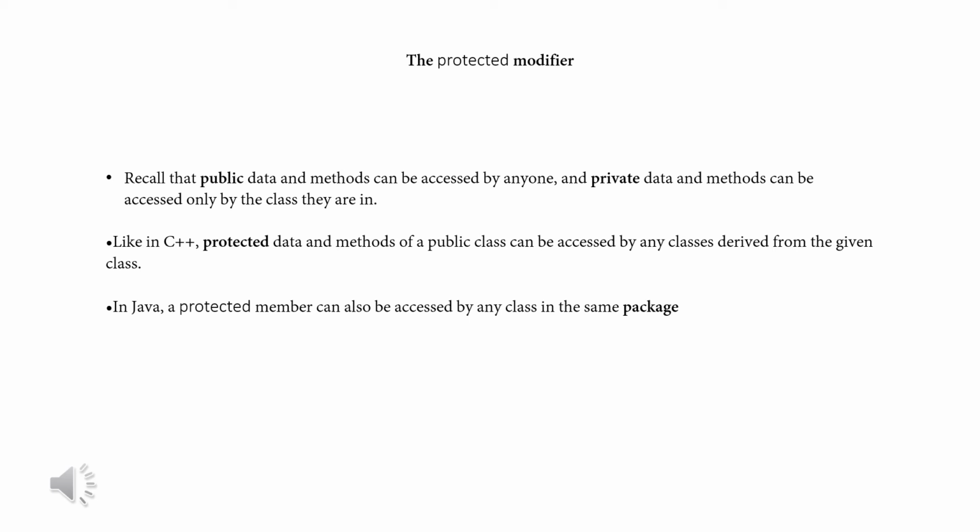So we learned about private and public modifiers. So here we have another kind of modifier which is protected, and when we specify a member to be protected, then it can be accessed by any class that is in the same package. So that's the difference between the protected modifier and the private and public modifiers.